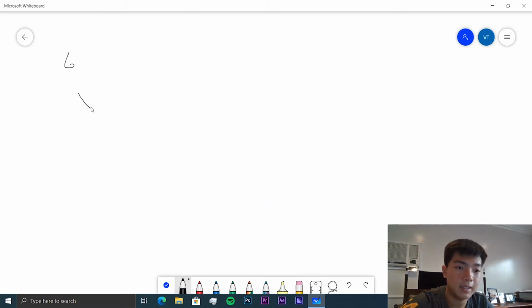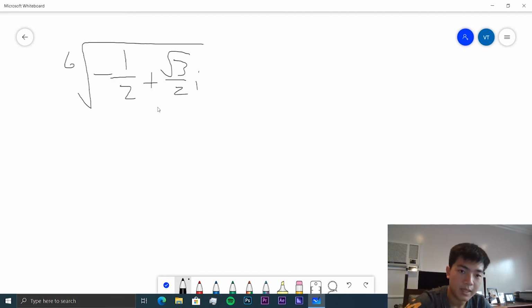Next, we need to get the sixth root of negative 1/2 plus root 3 over 2 i. So we can express this as just e to the i pi times 2 over 3.